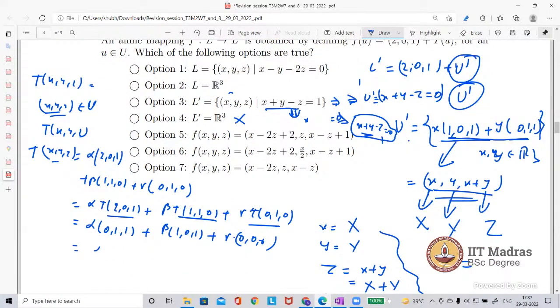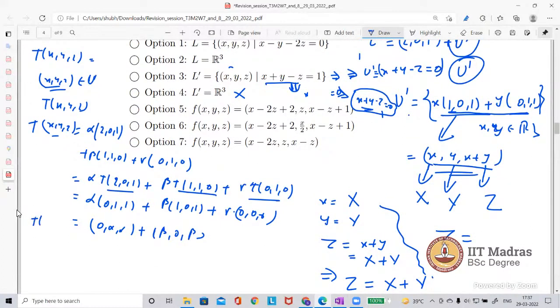That means T of x, y, z is equal to beta, alpha, alpha plus beta. We need to find alpha and beta in terms of x, y, and z.